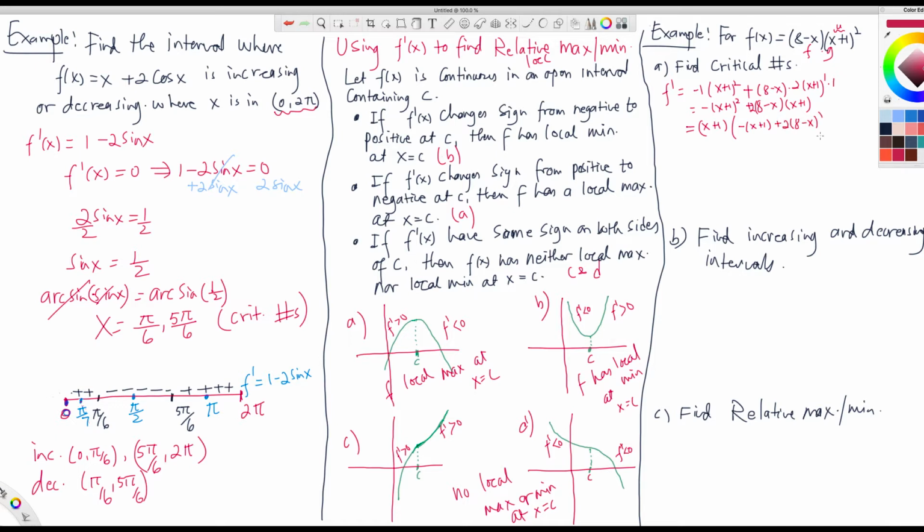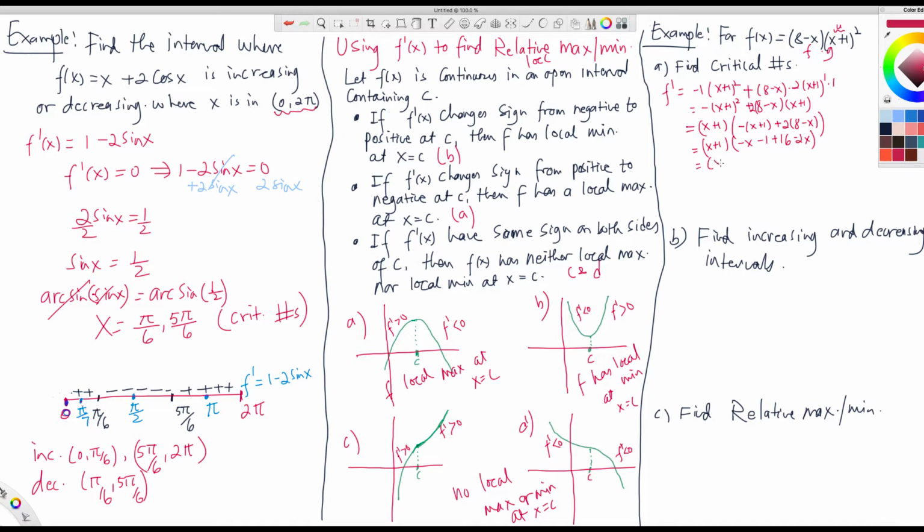Let me simplify inside the parentheses: there is a negative x minus 1 plus 16 minus 2x. You see that? So what do you get?